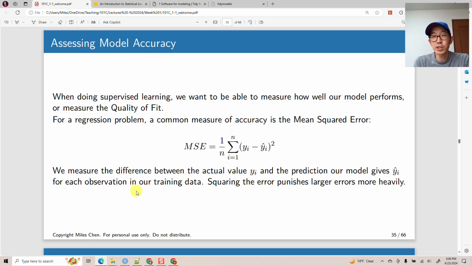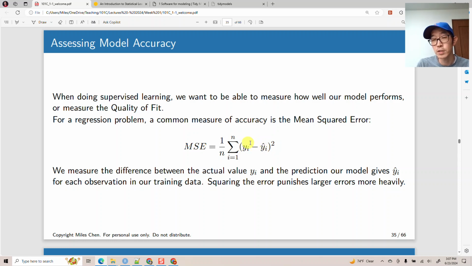As far as regression goes, the way we measure accuracy is by using the mean squared error. We look at the difference between the actual value, y, and the predicted value, and we do this for each individual observation. For each observation, we have the actual value, y_i, and we subtract off our prediction for that particular observation.